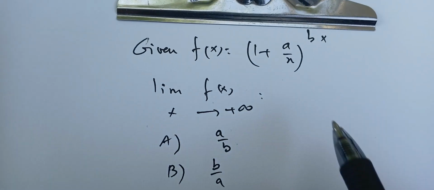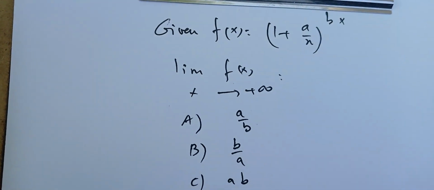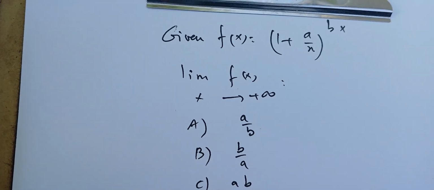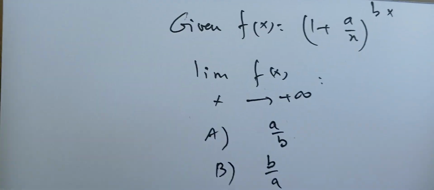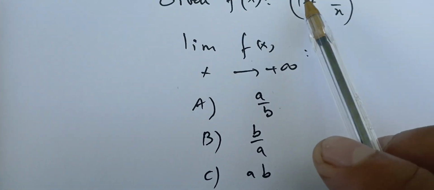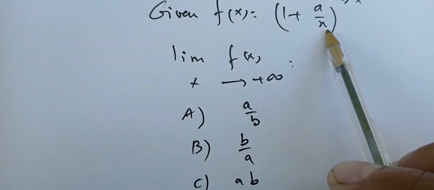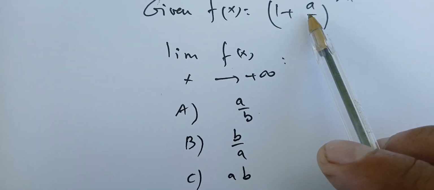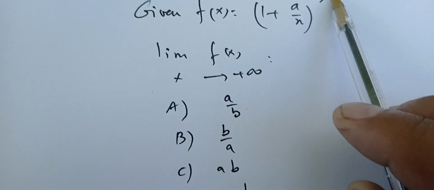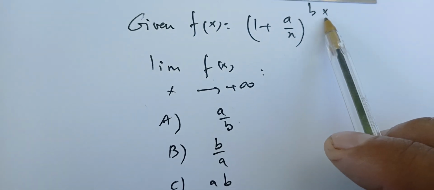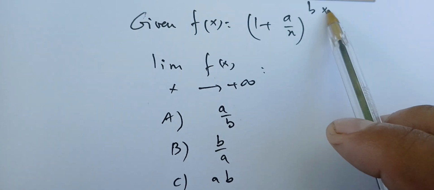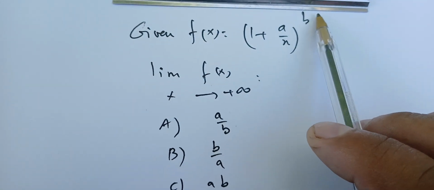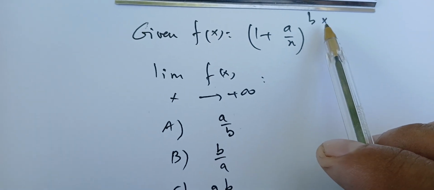Okay, so the aim is to learn how to find this limit. Let's try and evaluate blindly. Here we have 1 plus a over x goes to 1 as x goes to infinity, and bx, with b being a real number, can be infinity or minus infinity.